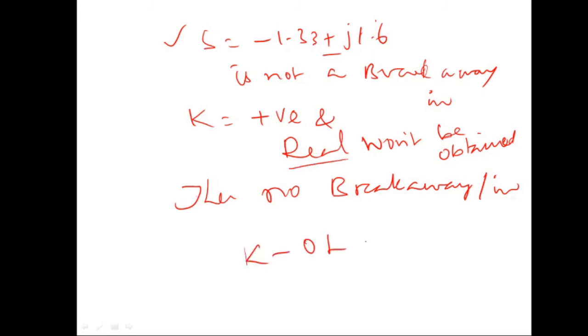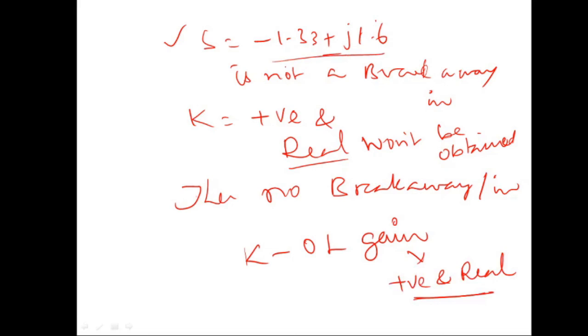In fact, since it is open loop gain, it takes only positive and real values. Since we have s as a complex conjugate, and substituting the complex conjugate in the K equation won't give us a real and positive value, we definitely don't have any breakaway and break-in points in this case.